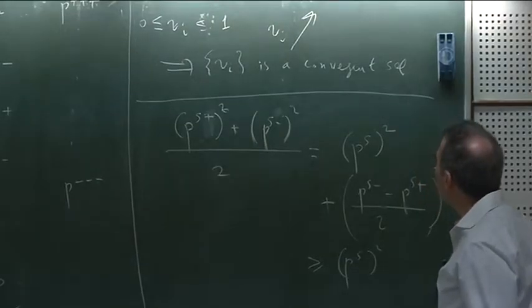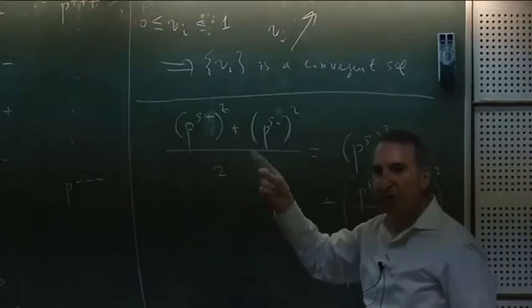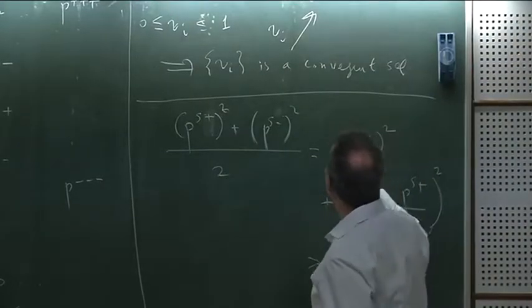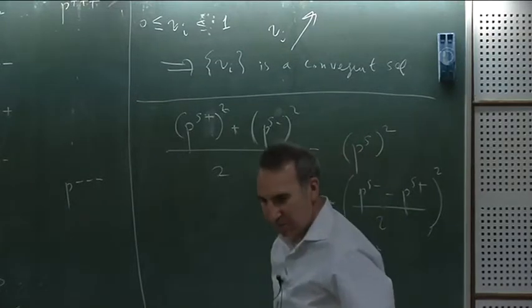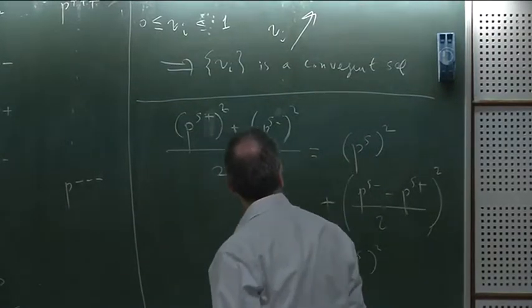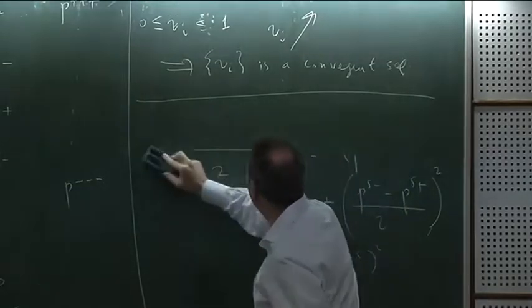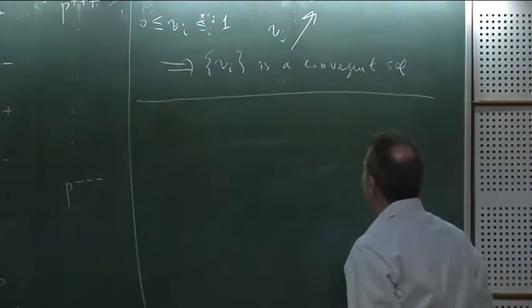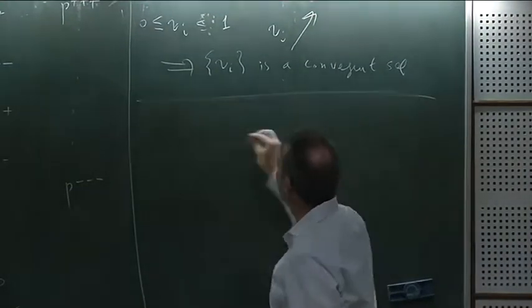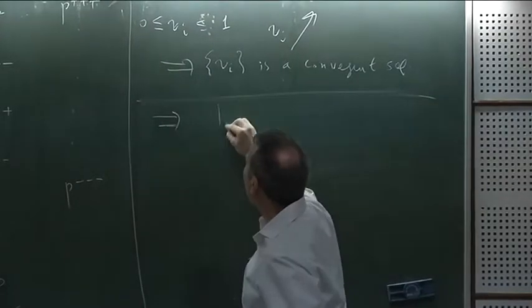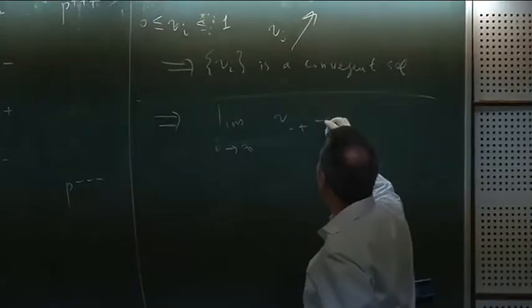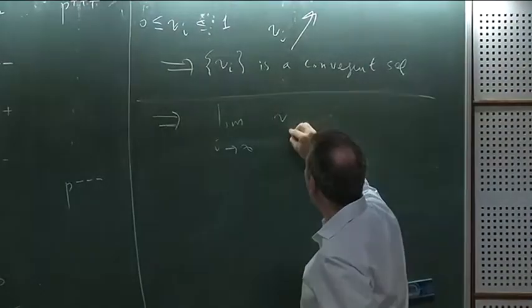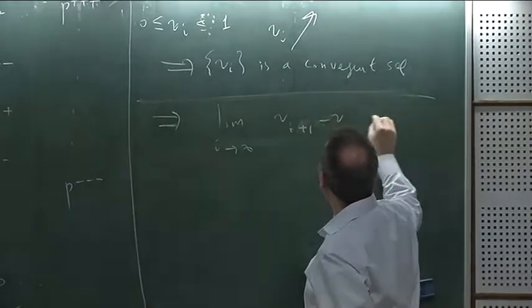All right. So in particular, what's happening is the following. Consequently, if I take a look at the difference between successive nu_i's, this goes to 0.